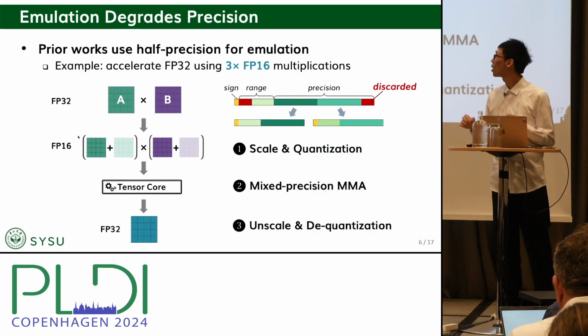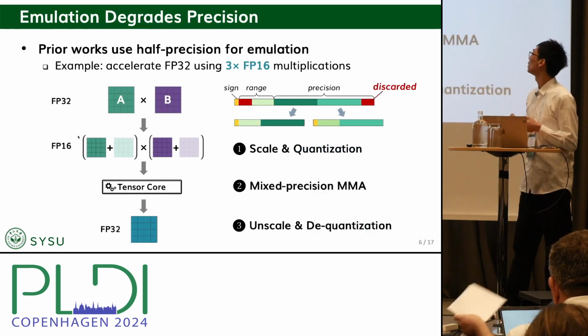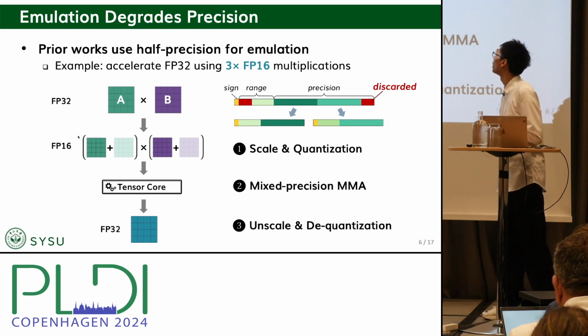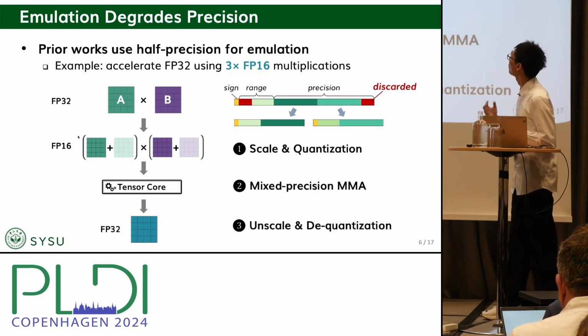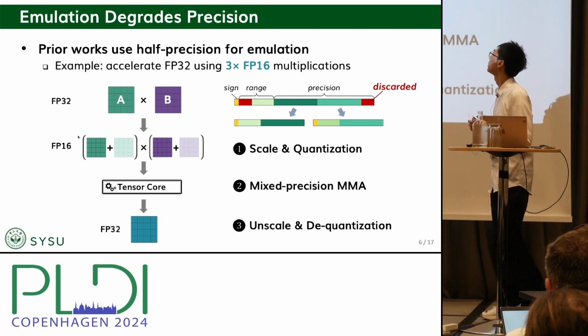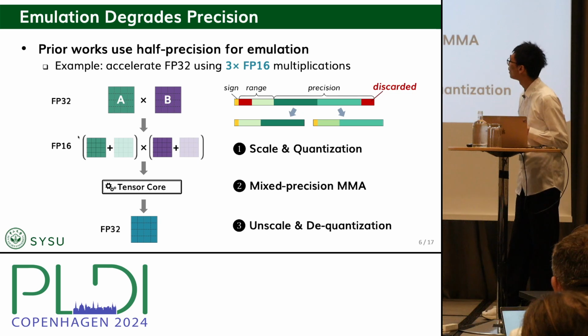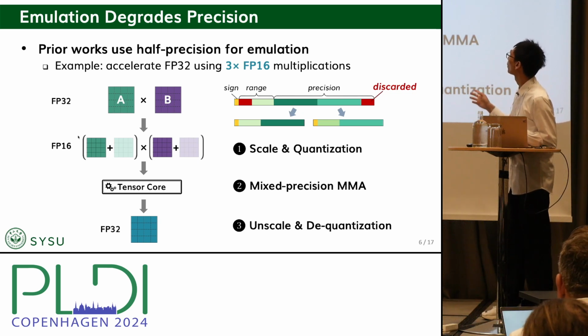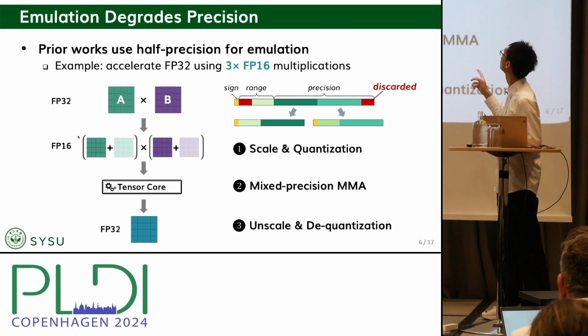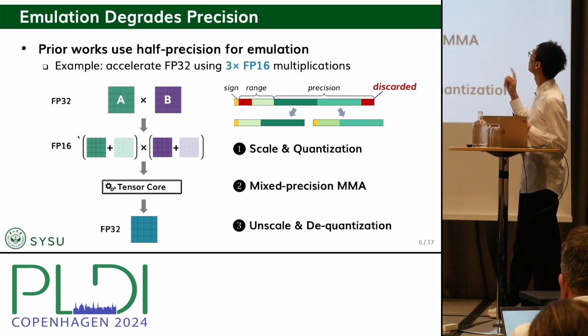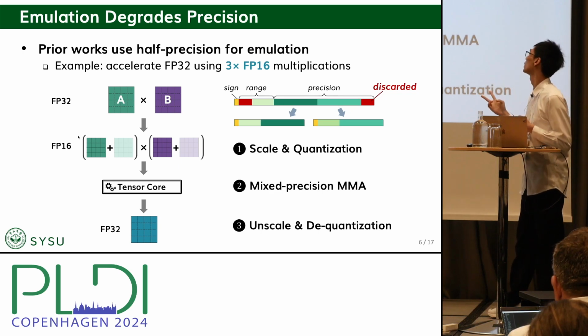I'll give a concrete example of the previous emulation techniques. For example, to emulate an FP32 using half precision, also known as FP16, we may split the original number into 2 half precision numbers.